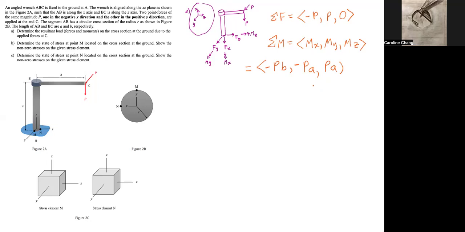And let's check whether we did everything correctly. So Mx, we got negative Pb, which seems to be correct. My is given by, oh, actually the a is supposed to be b. So let's change that.